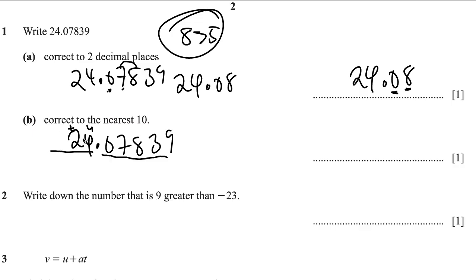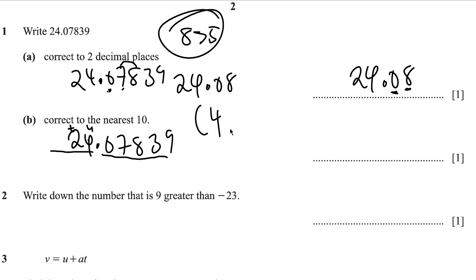That's why when we call it out, we have 24, with 20 in the tens place. So to correct it to the nearest 10, just like what we did for 2 decimal places, we look at the number behind the tens place, which is 4.